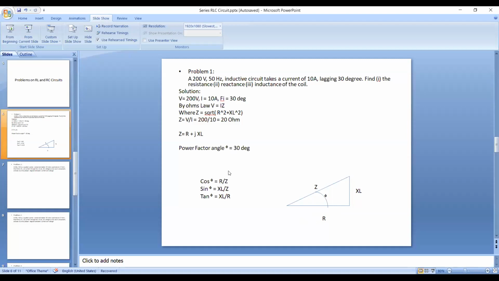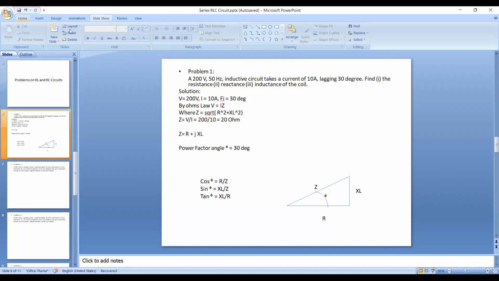Any formula you can take. Now if I take cos phi is equal to R by Z from this right angle triangle, I can simply cross multiply and get R is equal to Z cos phi.